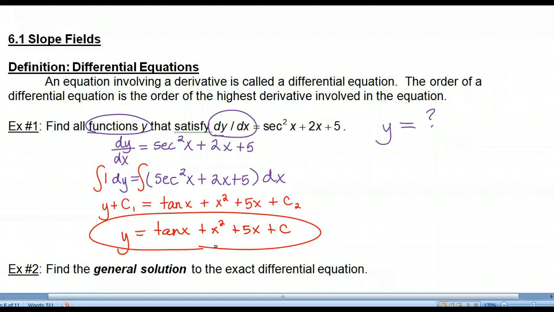I would just combine like terms, subtracting c1 from both sides. If I have a constant and I subtract another constant, I'm still going to have a constant. I never write out the c1 and the c2. So just so you know, I automatically put the plus c on one side. You don't have to put it on both.